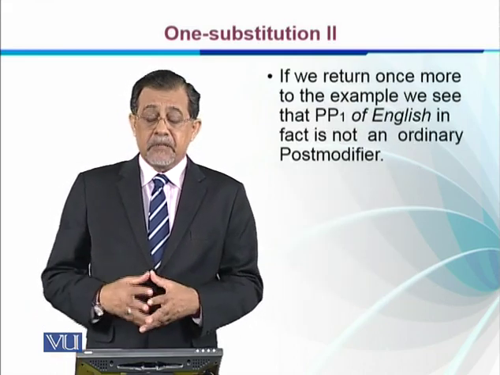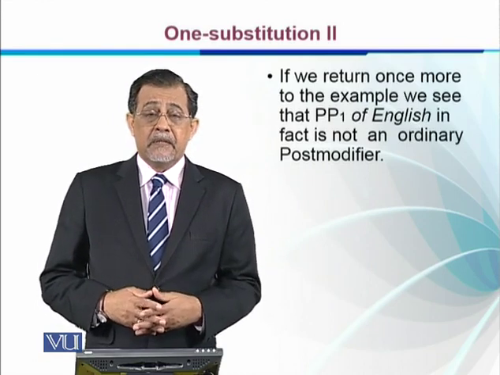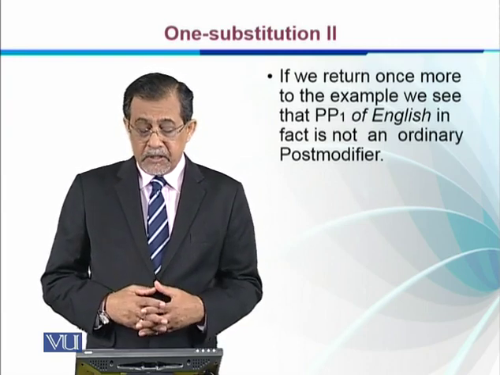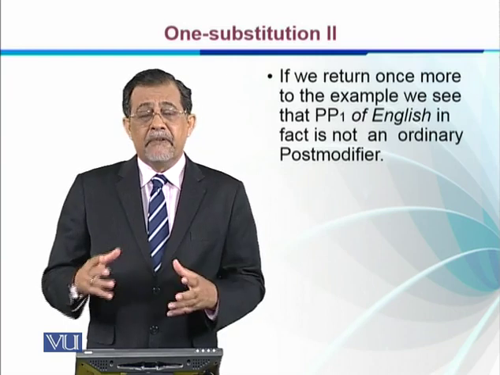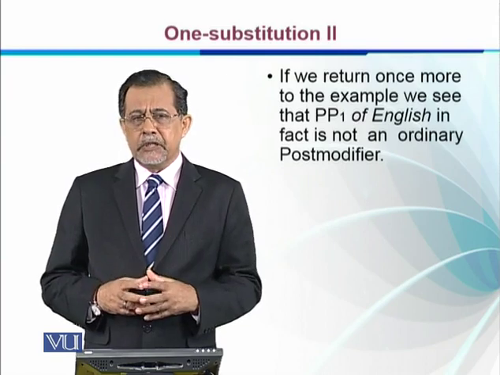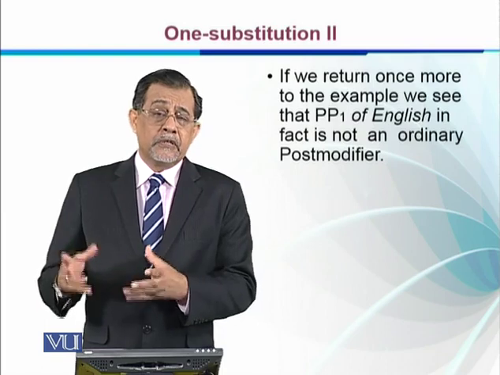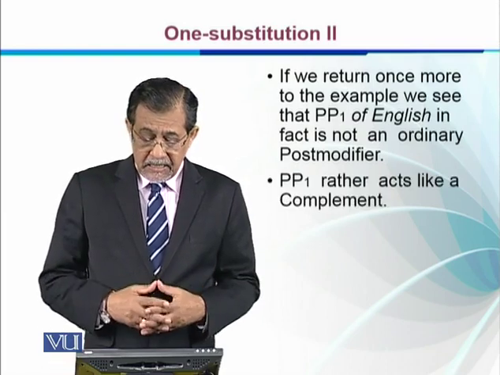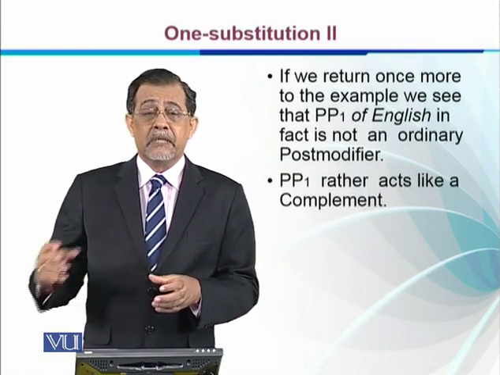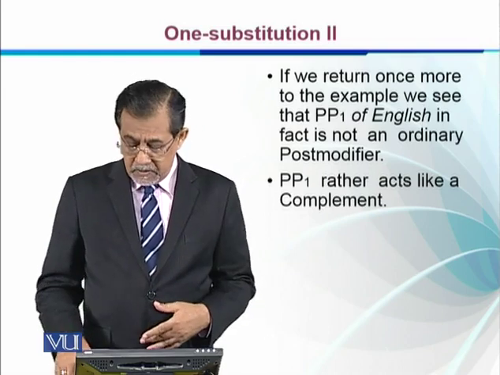So if we return once more to the example, the nice French students of English, the prepositional phrase 1, of English, is in fact not a very ordinary post-modifier, because it has a stronger relationship than the other prepositional phrase 2, which is a post-modifier. So we say that prepositional phrase 1 rather acts like a complement, students of English. It has the relationship of a complement with its noun.